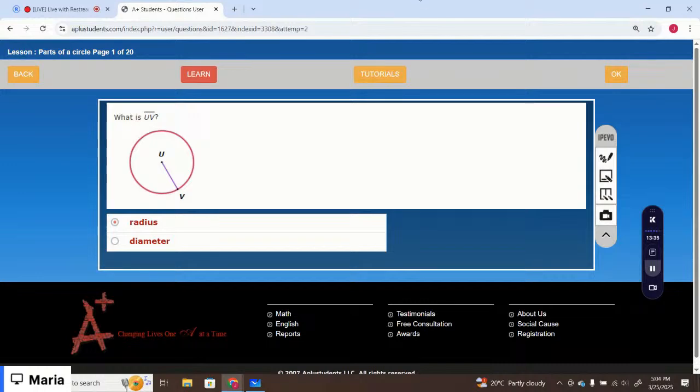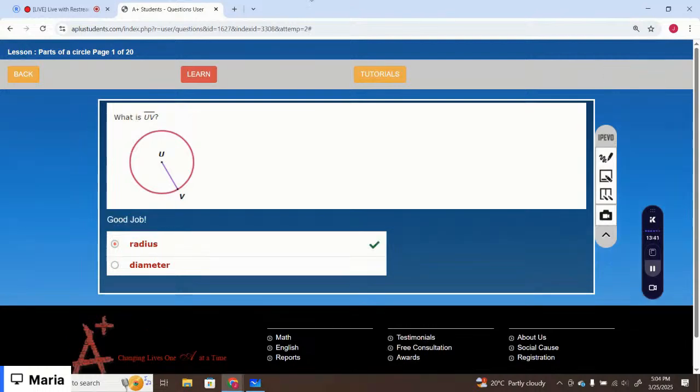UV is the radius. Any point on the circle that connects with the center of the circle is the radius. Option number one is the correct option.